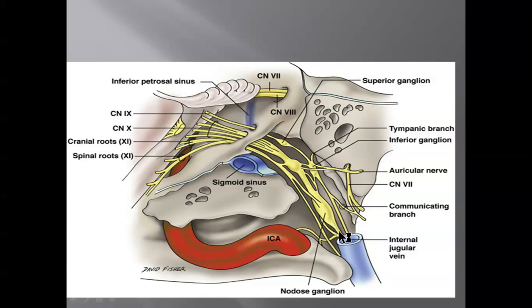From there, the vagus nerve carries the fibers of the accessory nerve, the cranial root fibers, giving pharyngeal branches and laryngeal branches to supply different areas of your internal neck, talking about the vocal cords, your pharynx and larynx, and your soft palate, which we will discuss further.